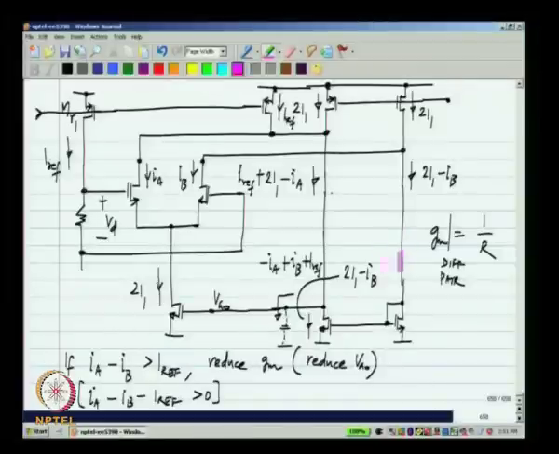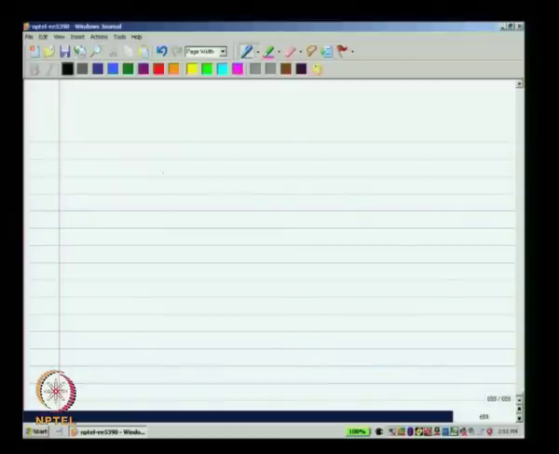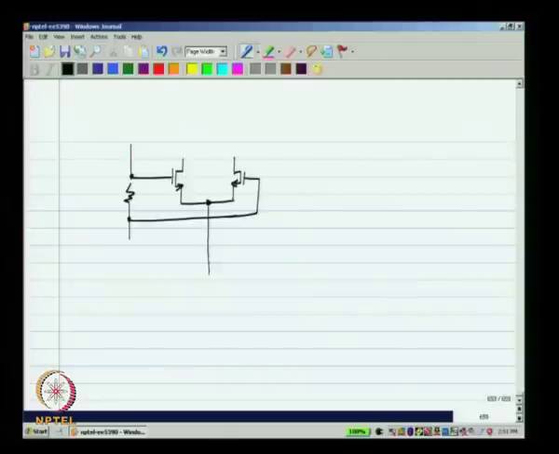There are just a couple of more details that we will fill in quickly. We need to know what we do with this node and also how to generate these sources, okay, because we do not want to be biasing with some other external sources. Again we use the principle of self biasing. Let me redraw this quickly. This is the differential pair whose GM is being stabilized.